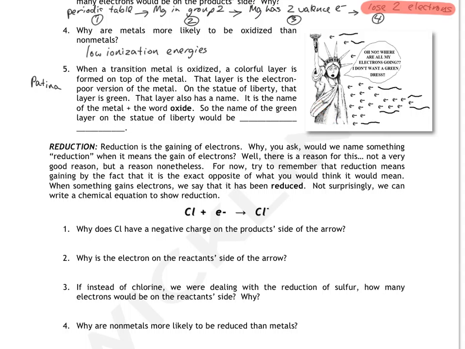You probably knew the Statue of Liberty is actually made of copper, and copper is red in its neutral state. But as it's exposed to oxygen in the air, the oxygen will take electrons from the copper, turning it from free copper into copper ions, whose color is, of course, green. So the name for that is going to be copper oxide. So the green layer on the Statue of Liberty is copper oxide.